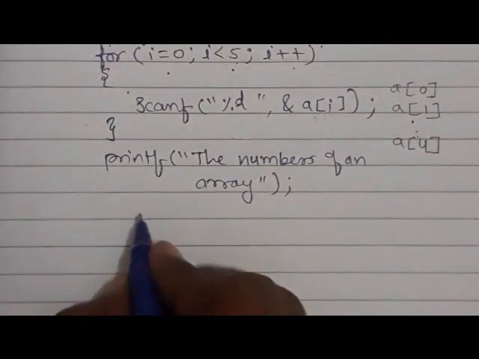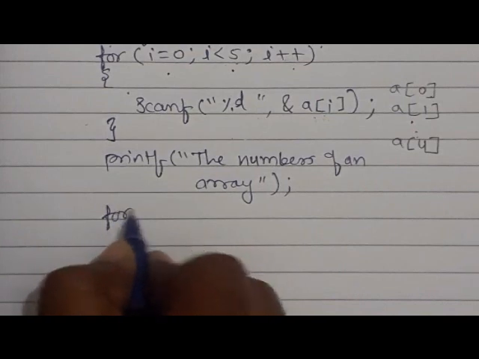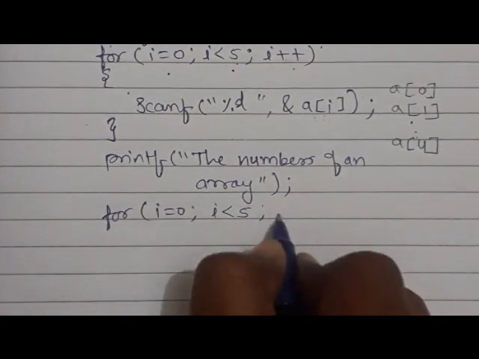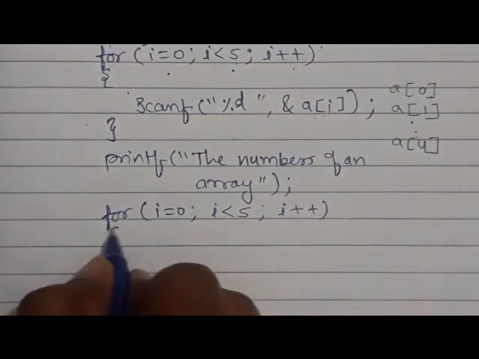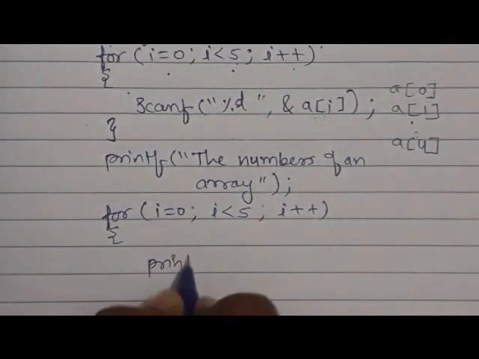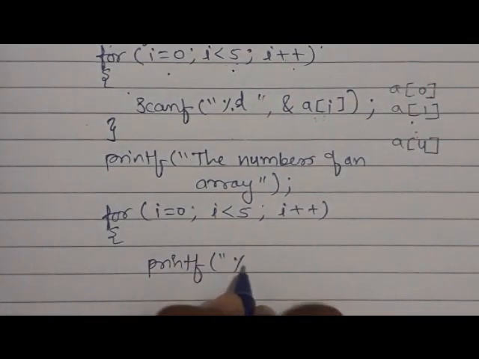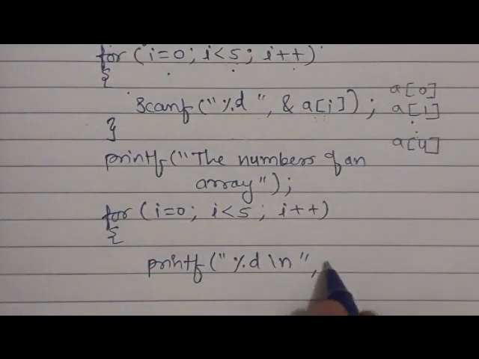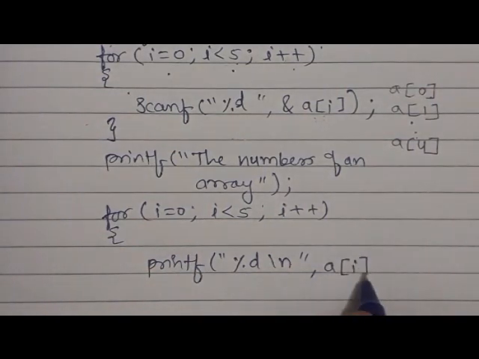To print the array elements, we will again write the for loop I is equal to 0, I is less than 5, I plus plus, and within this we write the printf statement. In this printf statement, slash n is used for a new line, and now here we will print the value of a of I.